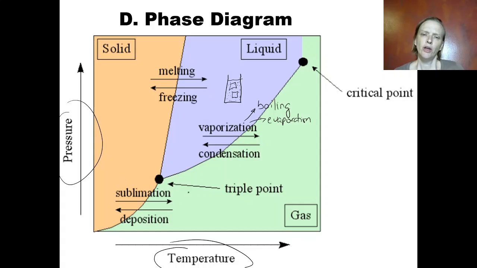The third set of phase changes is less familiar to some students. Sublimation is going from a solid directly to a gas. The most familiar example of this is dry ice. Sublimating, going from a solid dry ice directly to gas. Water can also sublimate.